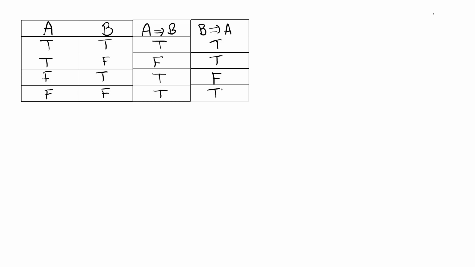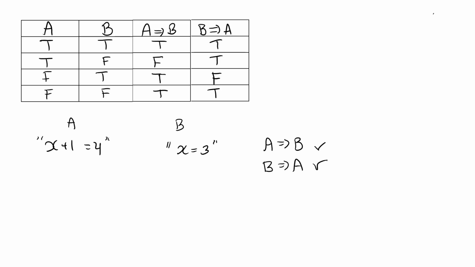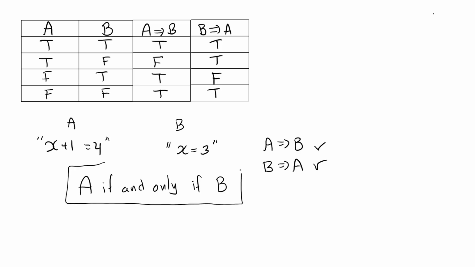For example, if A is the predicate x plus 1 equal to 4, and B is the predicate x is equal to 3, then the implication A implies B and the implication B implies A are both true. When an implication A implies B and its converse B implies A are both true, we say that A if and only if B. This is often abbreviated as A IFF B. We write this using an arrow pointing in both directions.